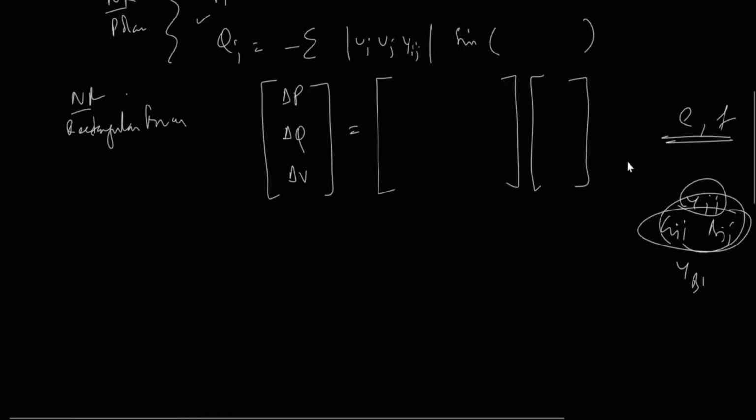Our system variables are E and F, so this will be delta E and delta F in linear form.